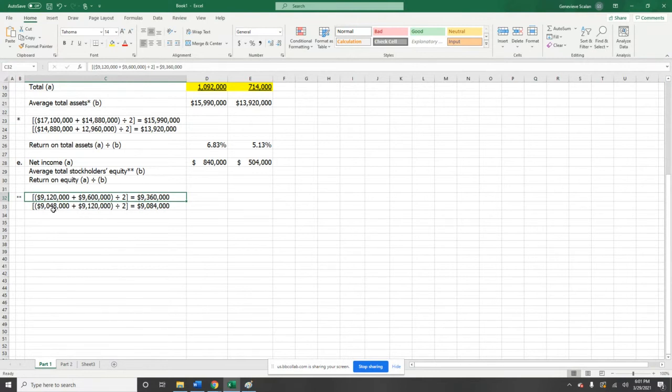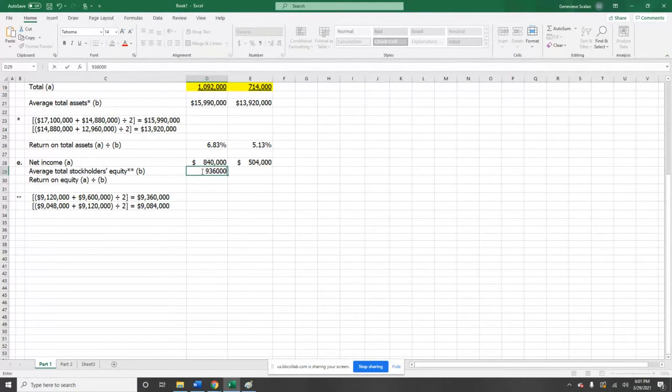This year's beginning was 9,120, divided by 2. So average stockholder equity for this year should be 9,360,000. And for the previous year, right, you take the one that they gave you, the 9,048 plus 9,120, divide it by 2, and that is 9,084,000.